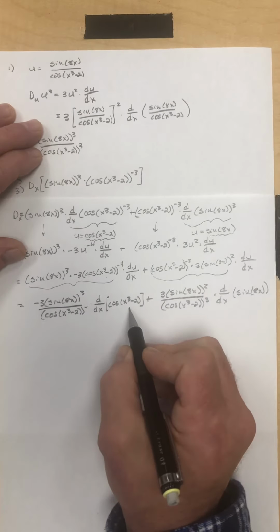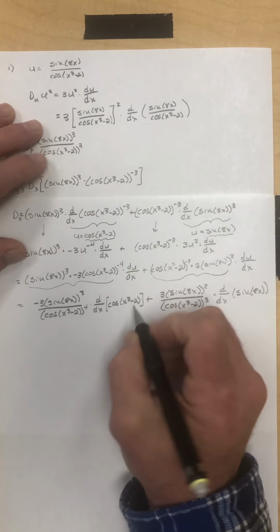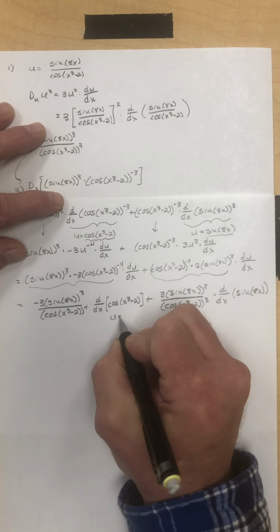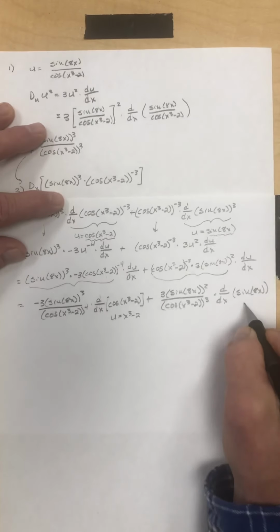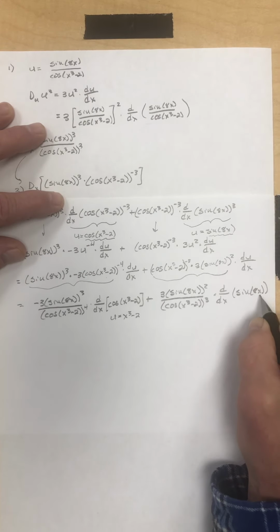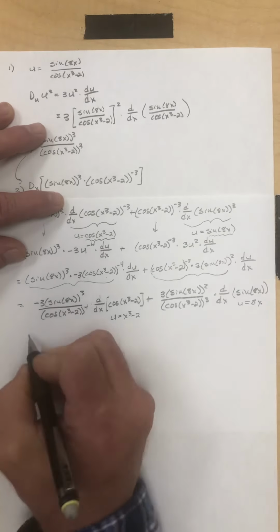When I do the derivative here, I have to use the chain rule, so my u ends up being x cubed minus 2. And when I take the derivative over here, I also use the chain rule, so my u ends up being 8x.